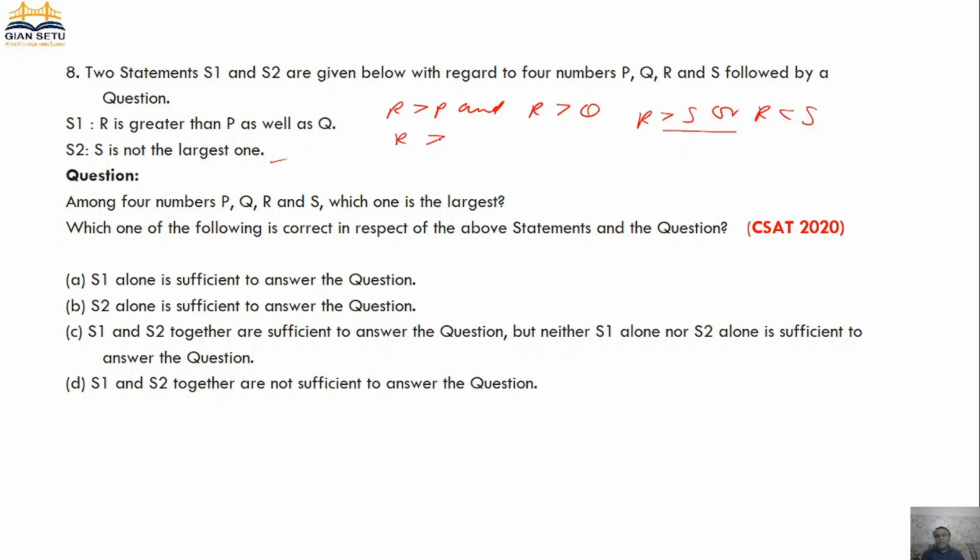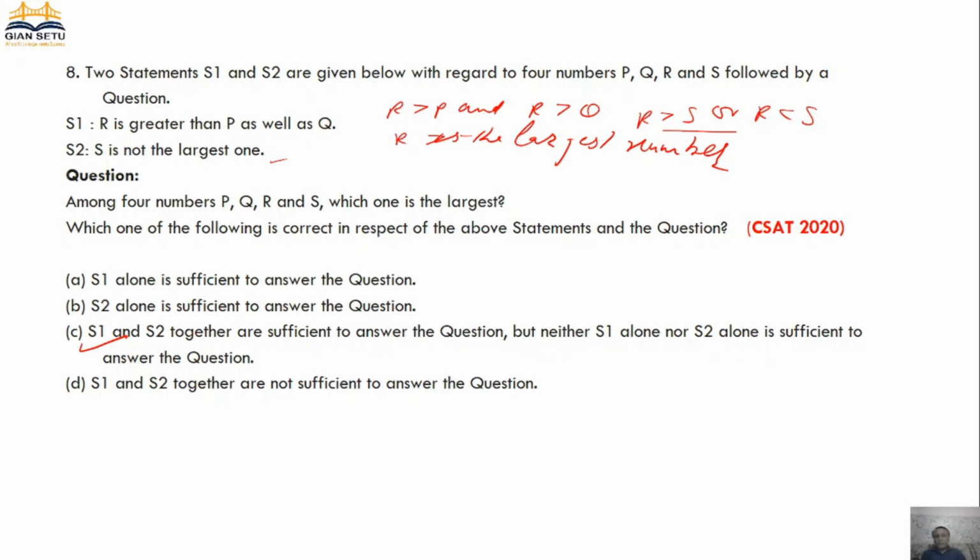So R is the largest number. So here the answer is S1 and S2 together are sufficient to answer the question, but neither S1 alone nor S2 alone is sufficient to answer the question.